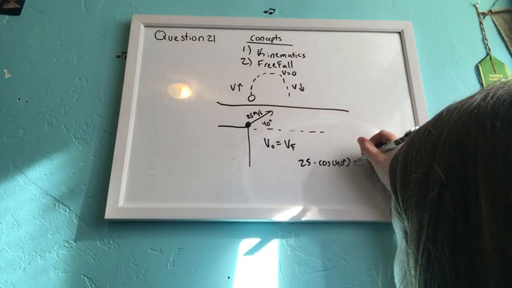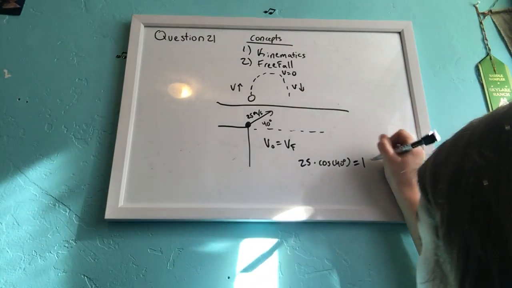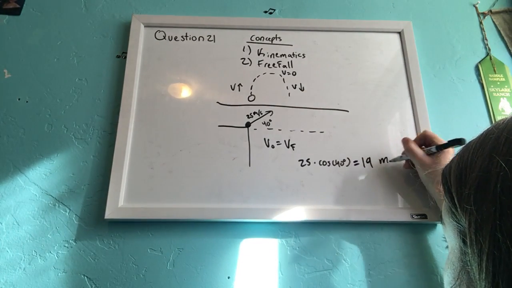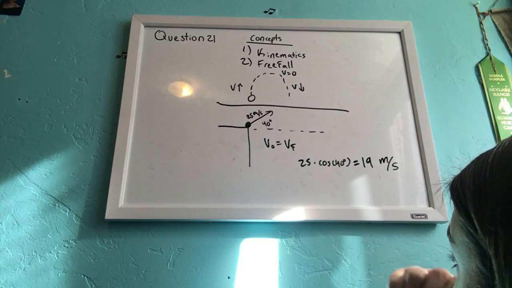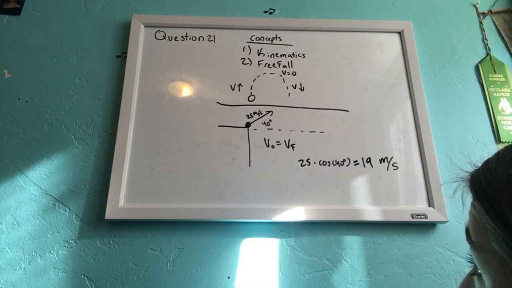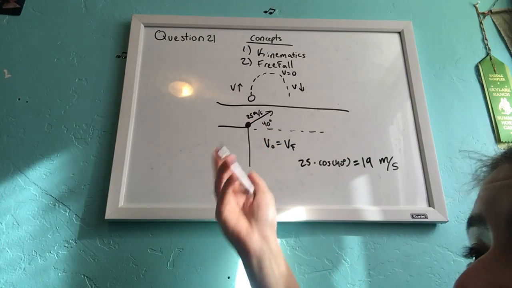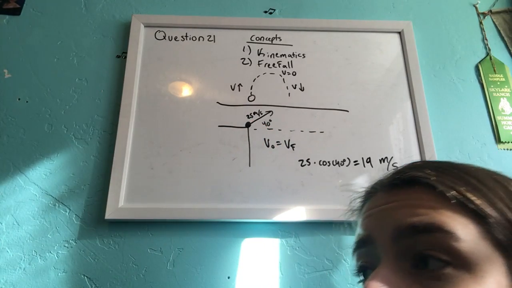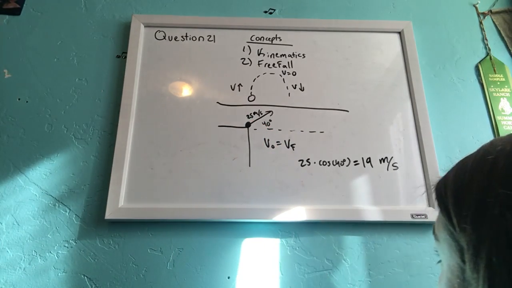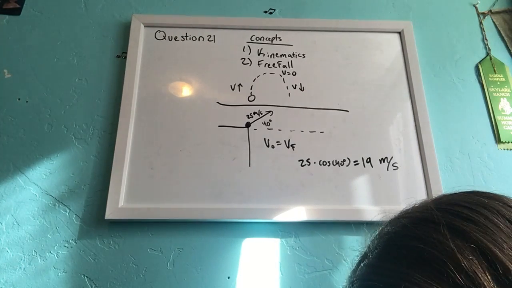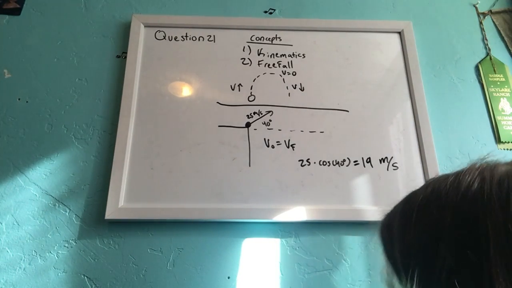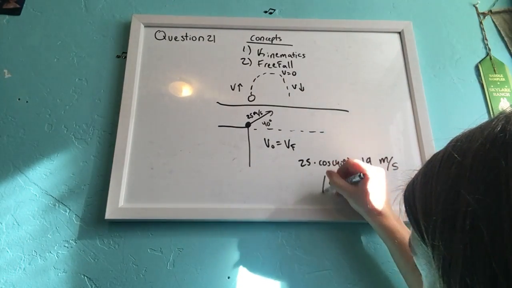I already did the math, and this comes out to 19 meters per second. So that is the correct answer. I just found the initial velocity, and that showed me the final velocity at the top. So the answer to this question is C. I'll put C here.